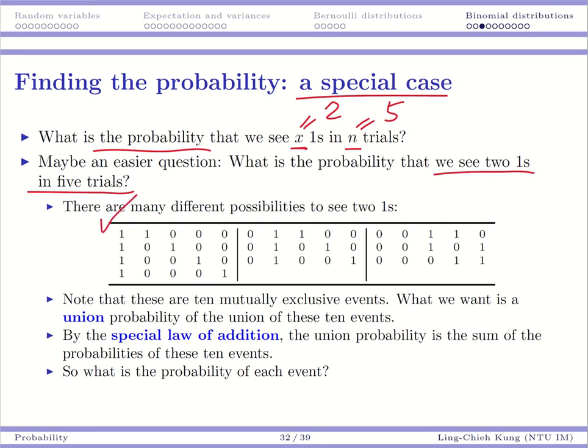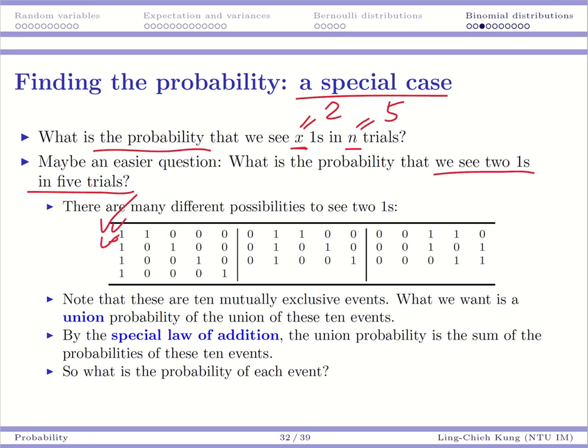Actually, they are all listed here. For example, you may see 1, 1, 0, 0, 0. Okay, that's case 1. Or in the other way, you can see 1, 0, 1, 0, 0. That means in your first trial you succeeded, then in your second one you failed, the third one you succeeded, the fourth one you failed, the last one you failed. Or say you are tossing coins: the first one you get head, tail, head, tail, tail.